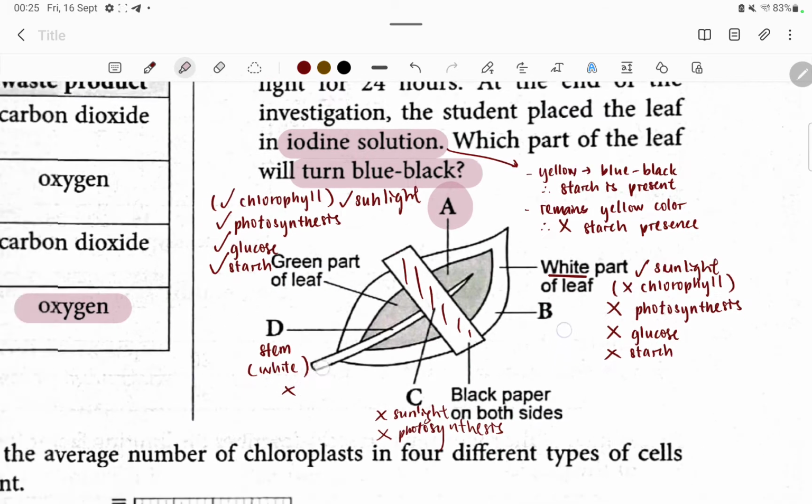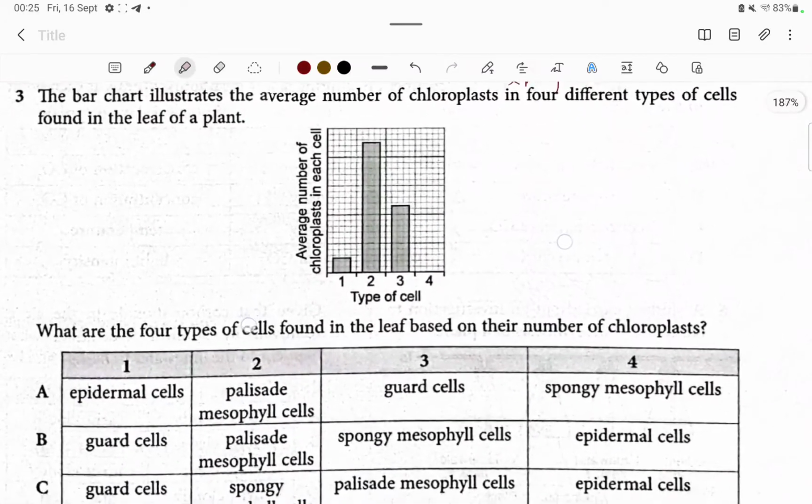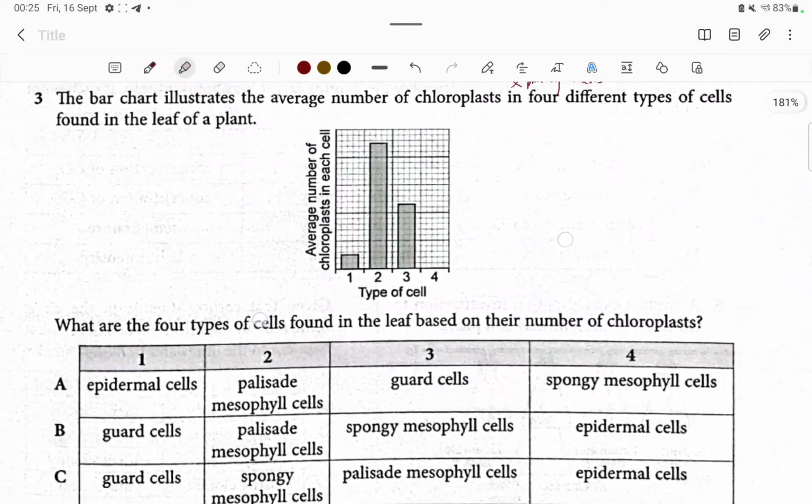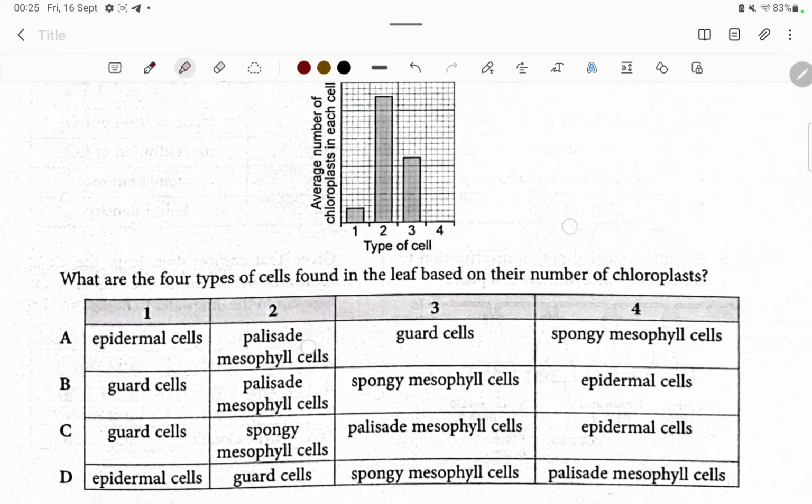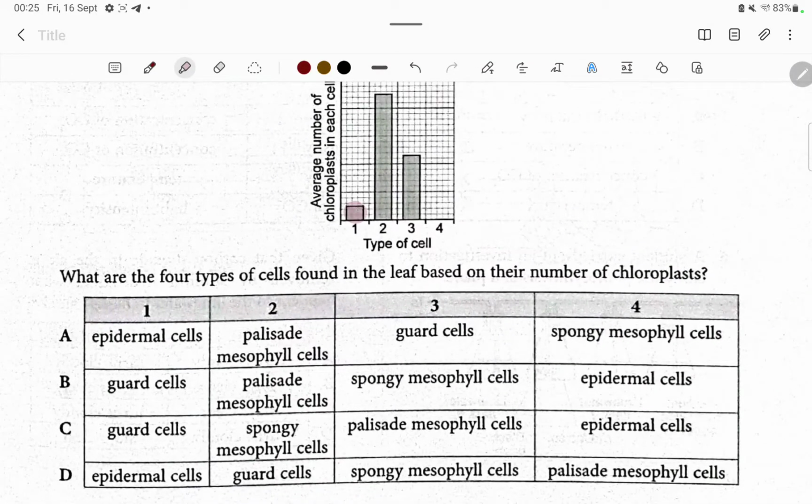Okay, let's look at number 3. The bar chart illustrates the average number of chloroplasts in 4 different types of cells found in the leaves of a plant. So this one is very little but still has chloroplasts. 2 a lot. 3 quite much. 4 totally none.